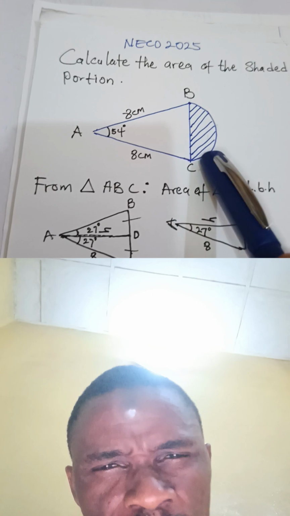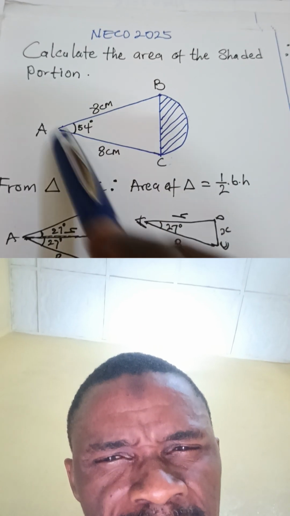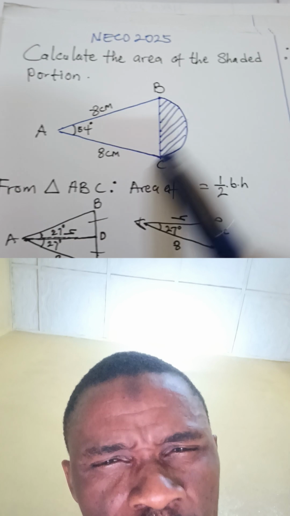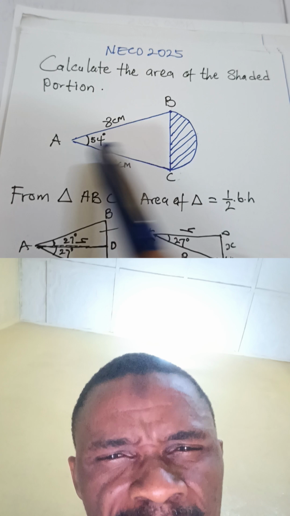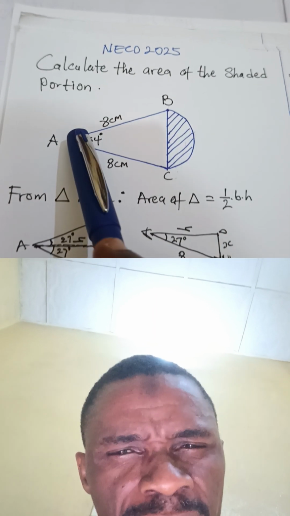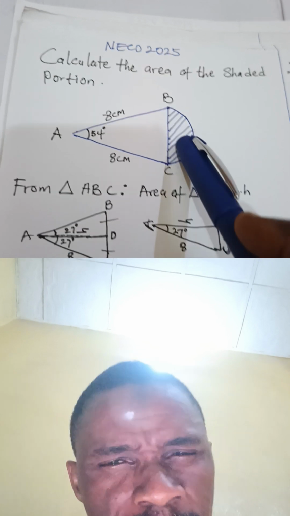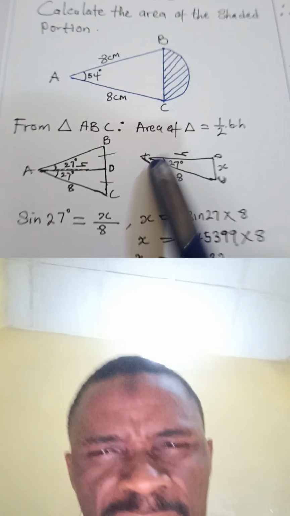The only way you can attain that is for you to know the area of the sector of the circle itself, the total area of this shape, then remove the area of what? The triangle from it. Then it remains your answer, which is the area of the what? The shaded portion. Now let's go. Which is what we are going to do.